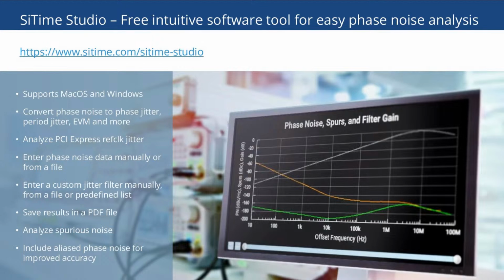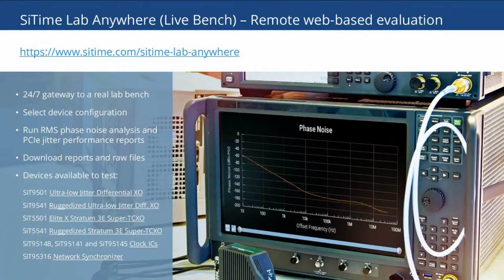And we also have the ability, for our clock generators, for you to download the GUI, create a configuration file, and upload that configuration file into our Lab Anywhere, which is an online bench that we have. It's actually connected to real instruments that will select a part and program it according to your instructions.